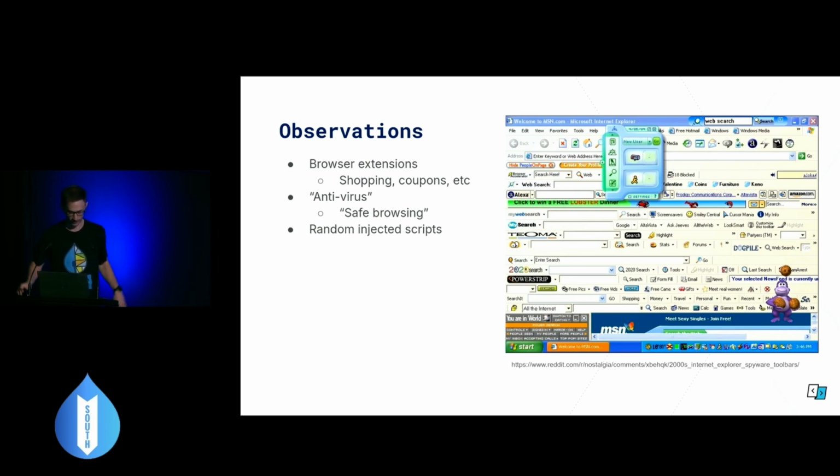Antivirus or safe browsing plugins are rewriting URLs, doing all sorts of stuff like that, or even rewriting headers, perhaps your CSP header. And then there are just random injected scripts that must come from the browser extensions. I don't know where they come from, but they're scripts that do not exist, yet they're appearing in the logs. So this is happening in your browser.